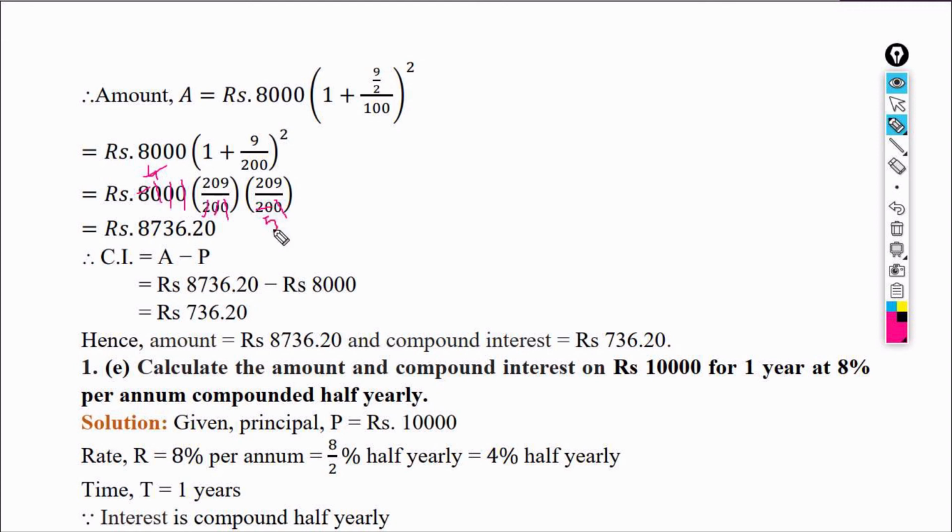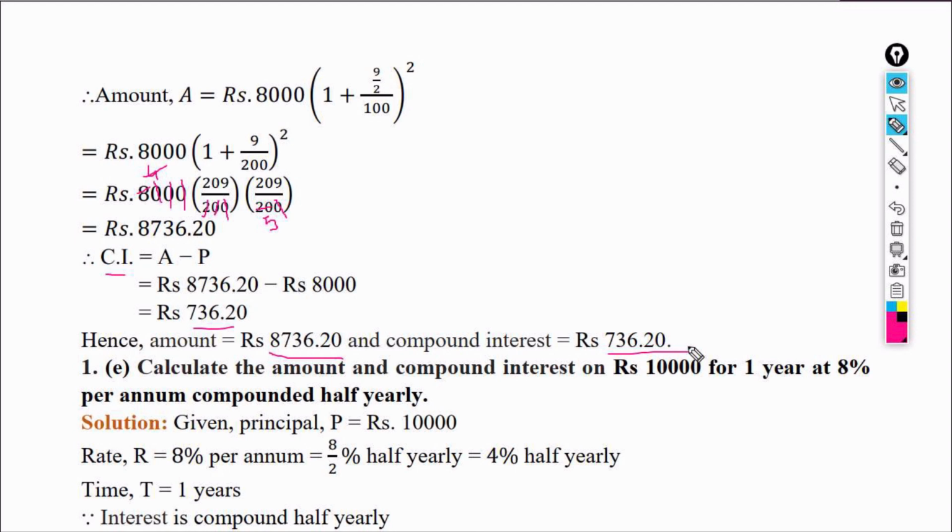Just multiply 209 and 209 divided by 5, and you will get rupees 8,736 and 20 paise. This is the amount. And then the compound interest is equal to 736 and 20 paise.